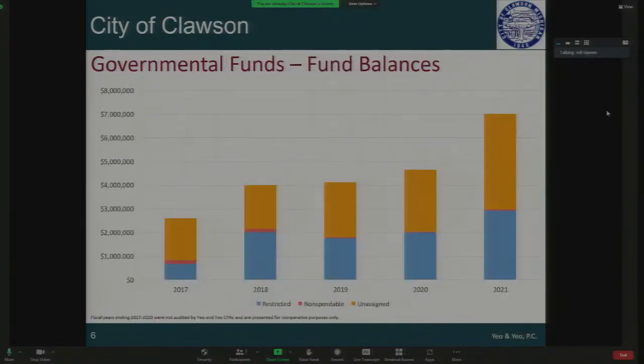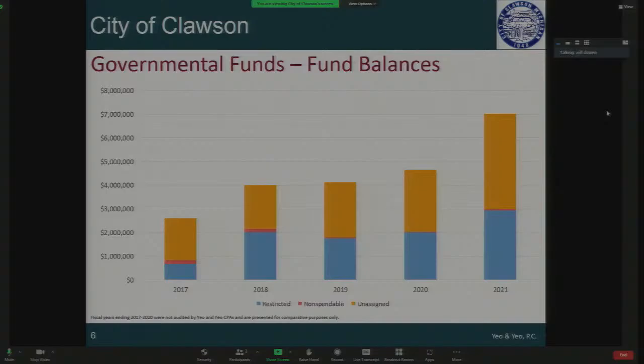Next slide on the governmental funds is the lower section of page 4-8, where it shows the total fund balances. But if we actually flip back to page 4-5, this is where it breaks out the different sections of fund balances, which is on the balance sheet.